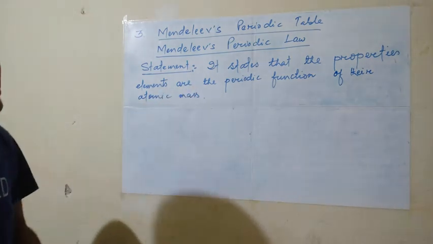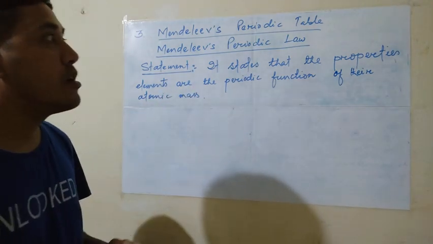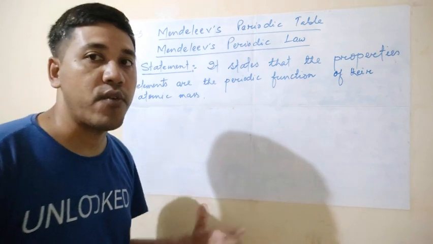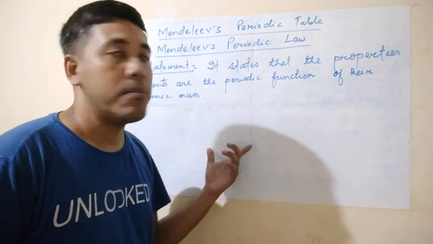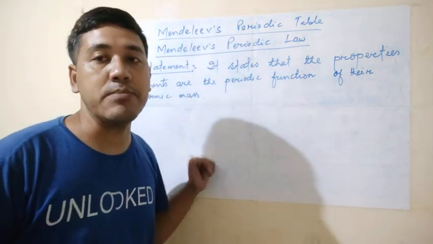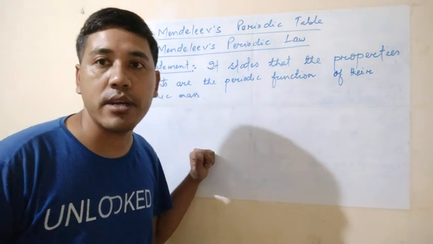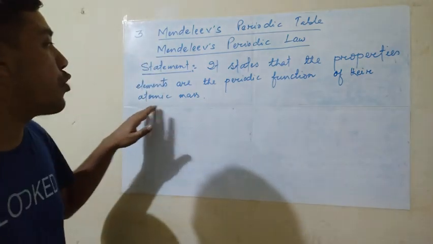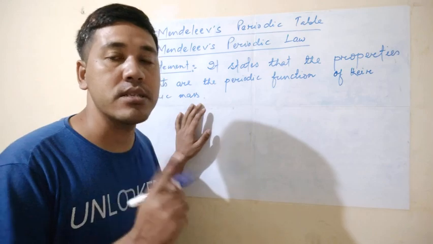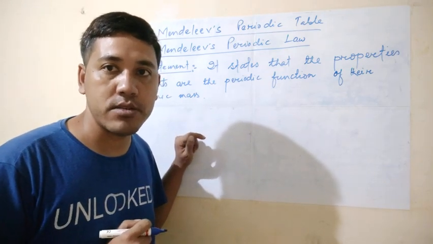This statement means that the elements classified by Mendeleev are mainly based on the increasing order of the atomic mass. Increasing order of the atomic mass.